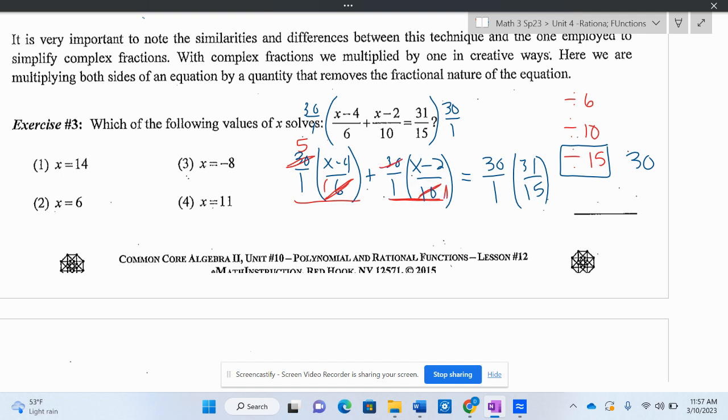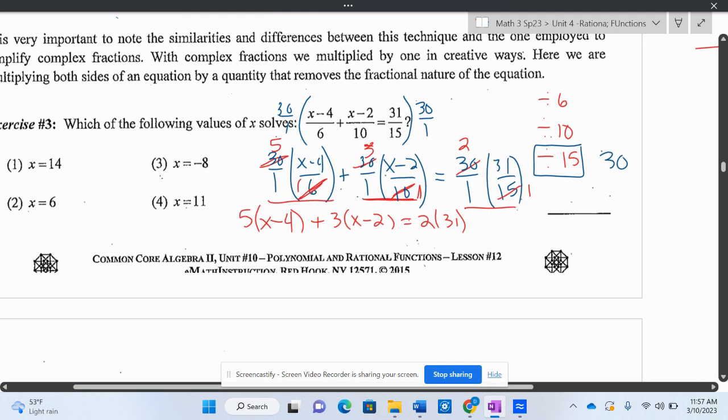What's 30 divided by 10? 3. These are doing great. That's supposed to be a 3. Okay. What about here? 15 divided by 15 is 1. 30 divided by 15 is 2. So now we have 5 times x minus 4 plus 3 times x minus 2 equals 2 times 31.